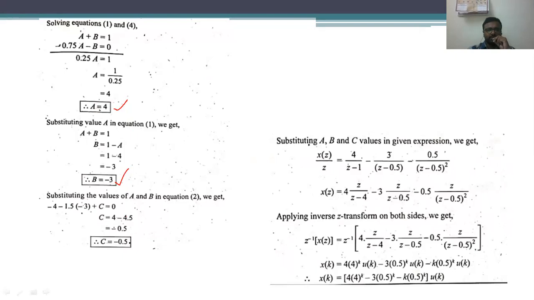And similarly, in the same fashion, we have obtained the value of C as minus 0.5. That means we have expanded the particular equation by the partial fraction method as A, B, and C, and we have taken a comparison procedure and we have obtained the parameters of A, B, and C as 4, minus 3, and minus 0.5. So just substitute the particular values in this equation.